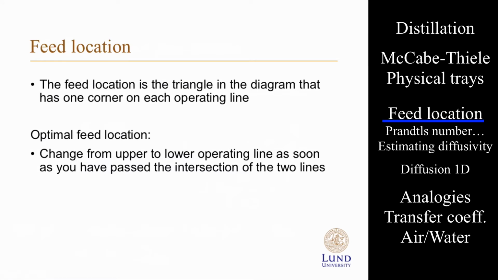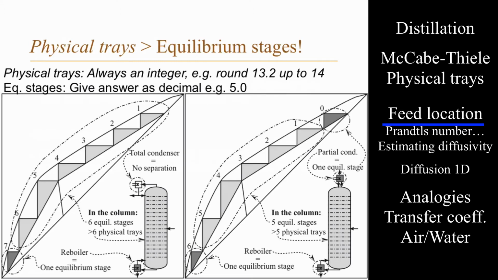Feed location is the triangle in the diagram that has 1 corner on each operating line. And the optimal feed location is that you change as soon as you come to the intersection of the 2 lines. So in this case, we start here on this upper operating line, and then we end. Well, actually now this happens to be just on the intersection, but this still counts as 3.0, and this being the optimum feed location.